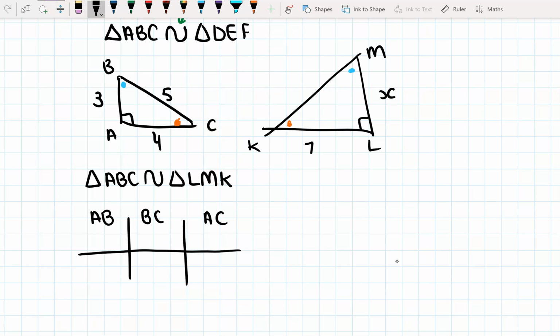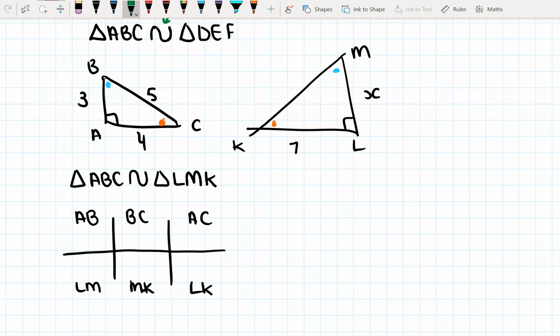Okay, so 90 degrees to blue is LM in the second one. Okay, BC is blue to orange, which is M to K in the second one, and AC is 90 degrees to orange, and that's LK. Okay, so you guys have to make sure you get this right, and it's one of the hardest parts to do here.